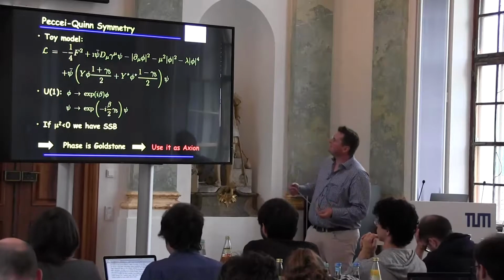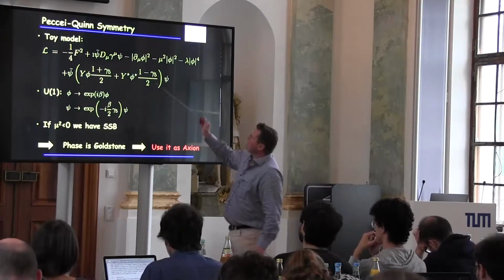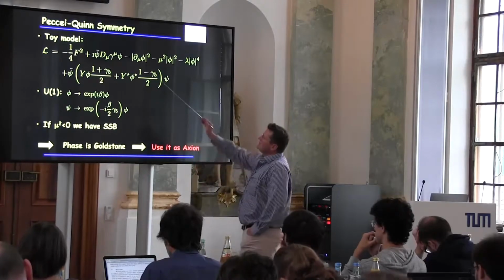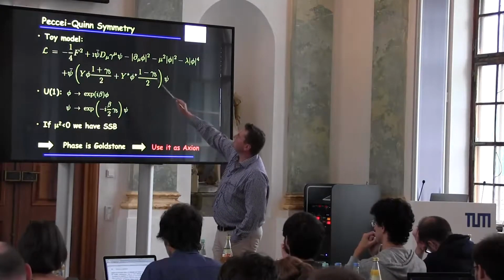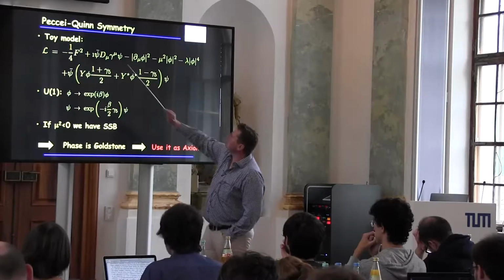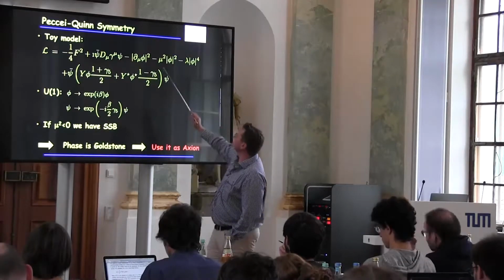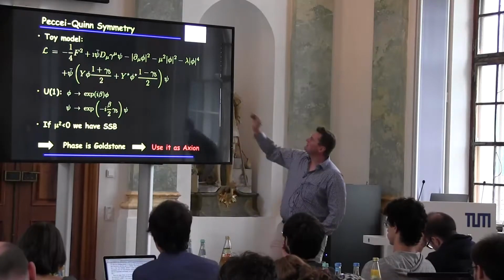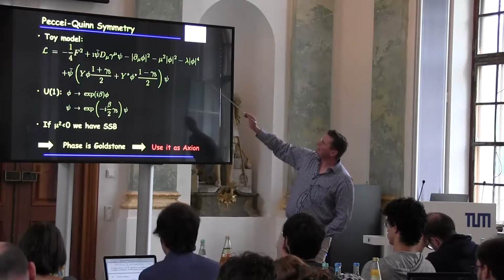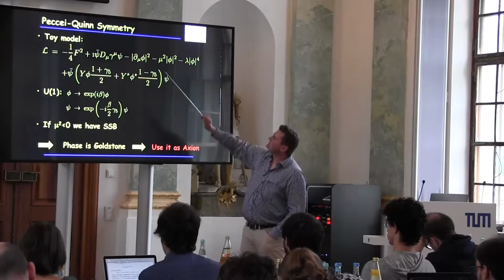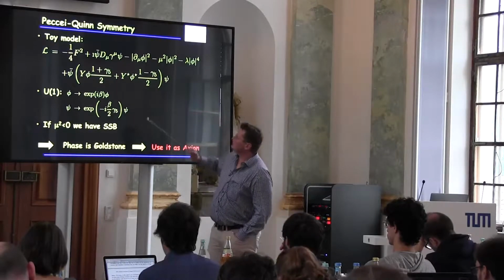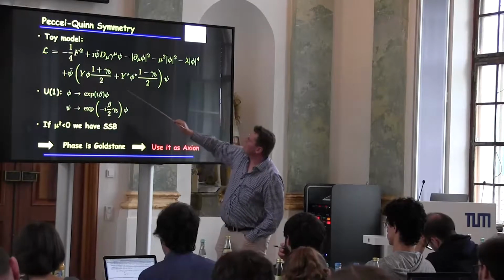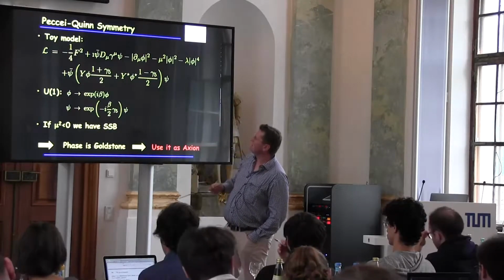The toy model is just kind of a QED, so it's a U1 gauge symmetry. It has a fermion that is charged under this U1 symmetry, and it has a scalar field that is charged not under the gauge symmetry.